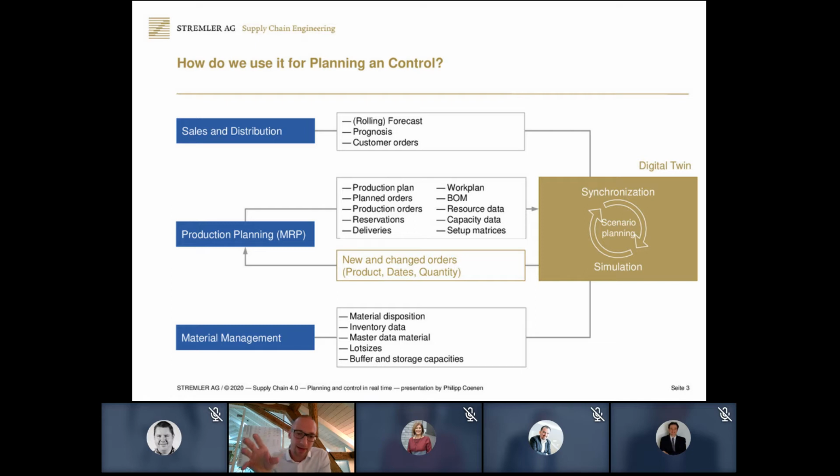Your planning depends on the time horizon that you're working on. You have short-term, mid-term, and long-term plannings in all your different steps. And for the planning, the main principle of Stremler at this point is simulation.